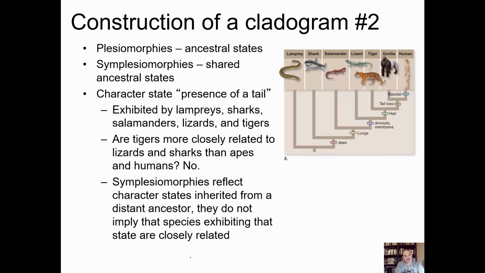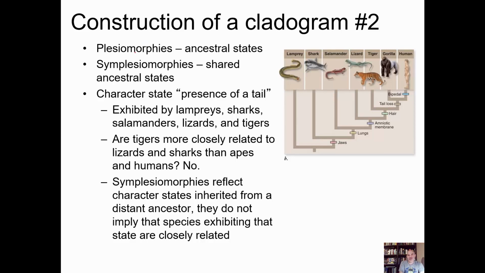Especially when it comes to plesiomorphies, that are characteristics that are ancestral. Sometimes those ancestral characteristics through the process of evolution disappear on you and we don't see them anymore. They evolve away. In other cases, we see that ancestral character in the broader group. For example, tail. Okay, and tail would be this ancestral character that's shared.